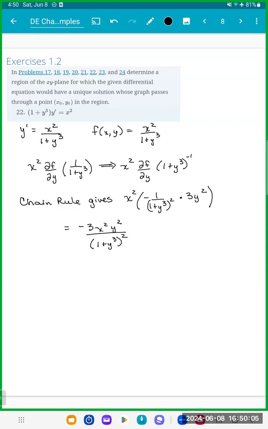Okay, so that means our partial differential equation with respect to y is going to be negative 3x squared y squared over 1 plus y cubed squared. So this differential equation will have a unique solution in any region where y is not equal to 1, because that would then make that undefined.